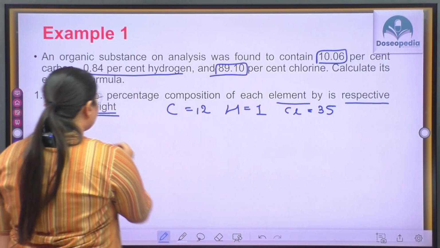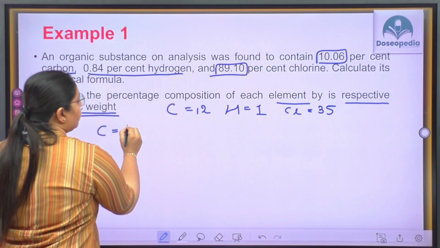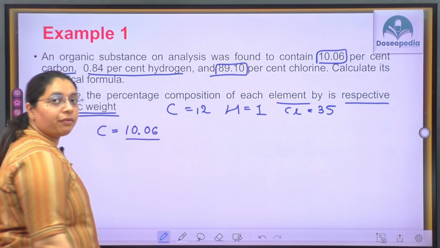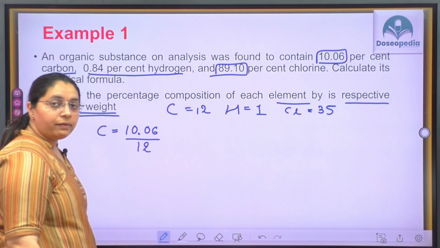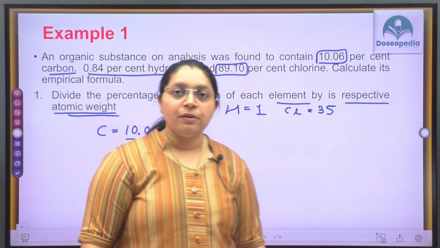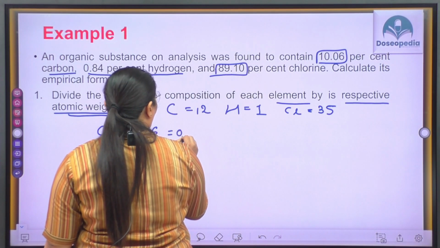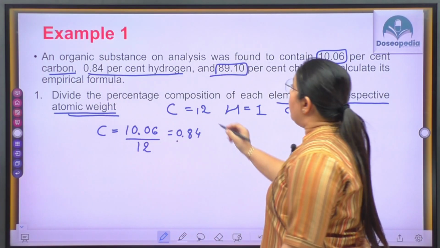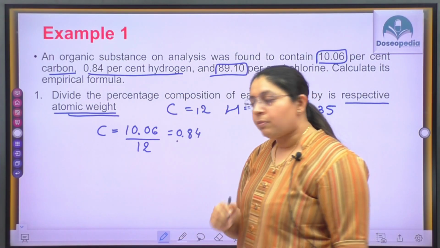Very first is carbon, and its percentage is 10.06. We divide this percentage by the atomic weight of carbon, that is 12. So calculate 10.06 divided by 12. What will be the answer? The answer will be 0.84. Now, let's divide the percentage of hydrogen by its atomic weight.